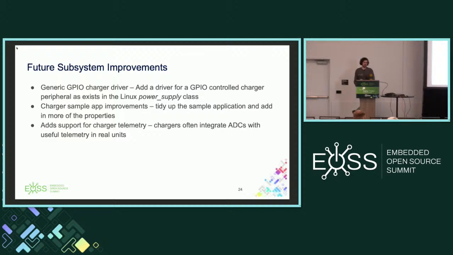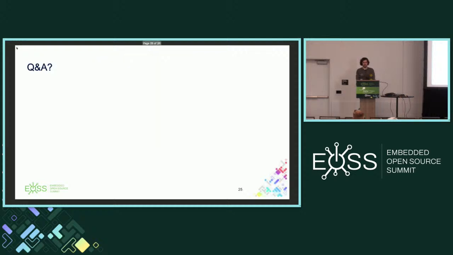And a final point would be to add some support for some of the charger telemetry. There's often an ADC on a lot of these charger drivers, so the outputs of that ADC could be useful information, and that does not exist right now. But with that, any final questions?